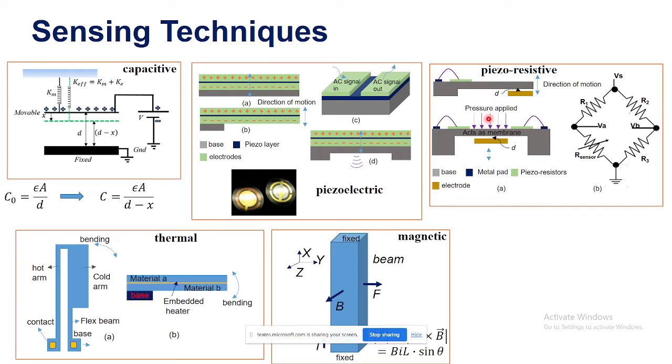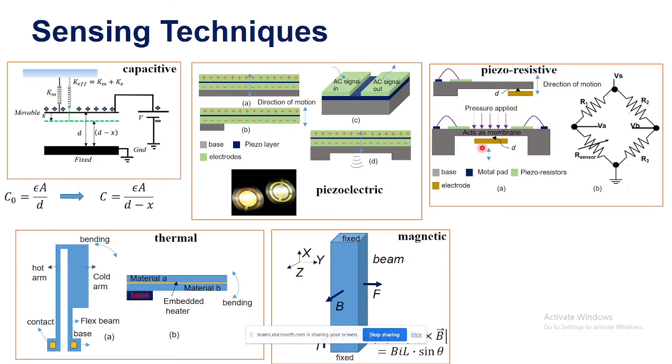Here is another example. Let's say we want to measure an applied air pressure, ambient pressure. Here is our sensor structure, here is our base, which could be silicon, and this is a very thin membrane, just like a diaphragm in your loudspeaker. On the side portions of this diaphragm there are embedded resistors.